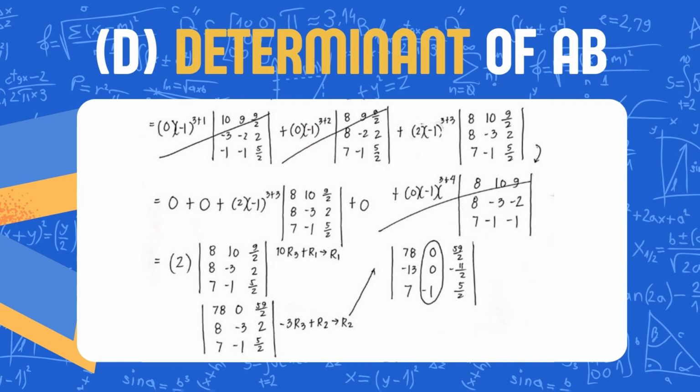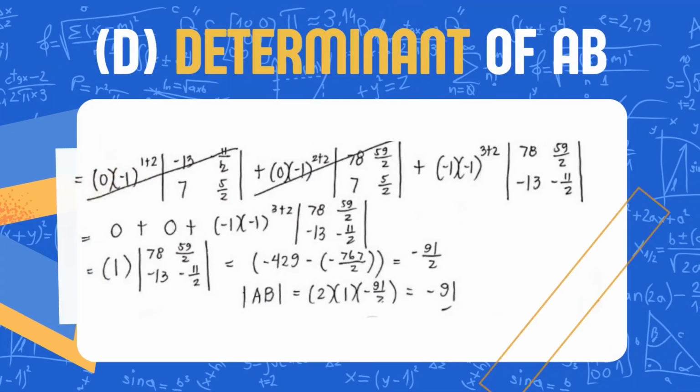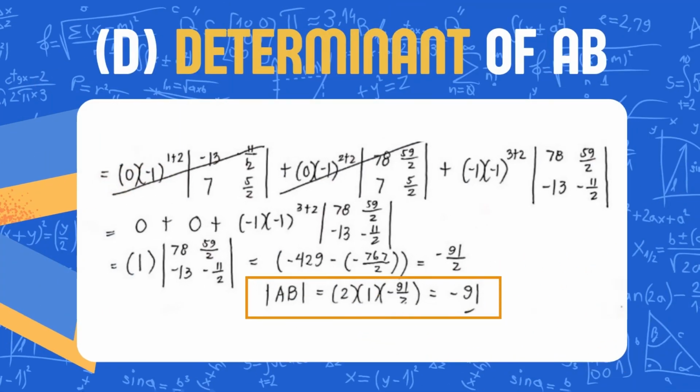As we can see, we can visualize the column that we can use to expand with its most number of zeros. It is column 2. As we expand it, we can observe that 2 of the terms can be cancelled out and equated to 0.